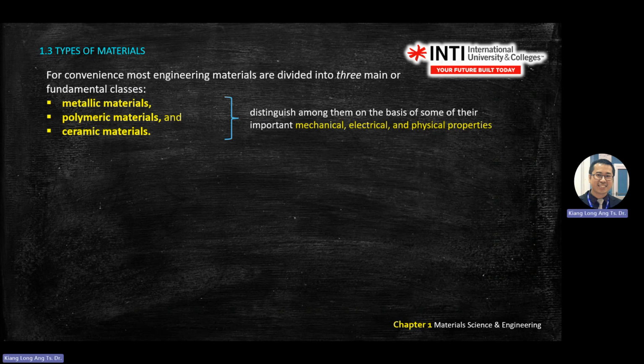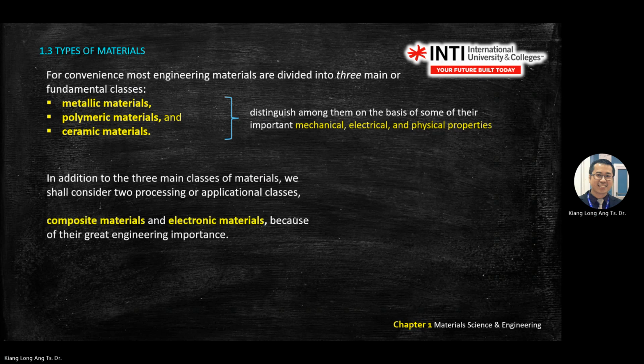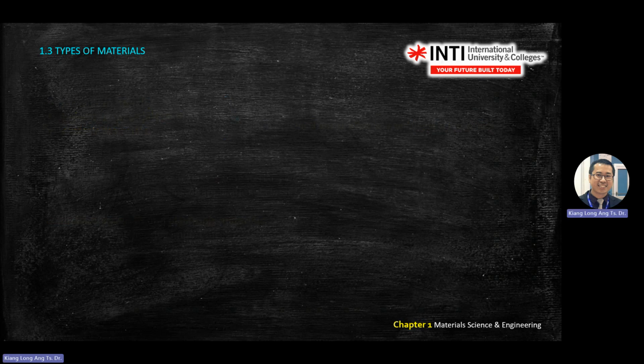We look at how they behave, and as an engineering module, we like to quantify them with their properties. So what are their properties? Mechanical properties, electrical properties, and other physical properties, right? The rest you read.